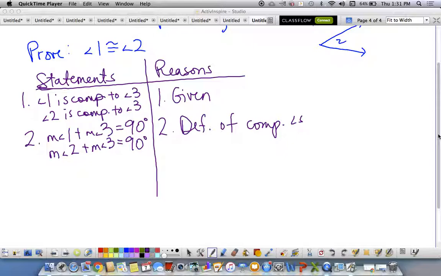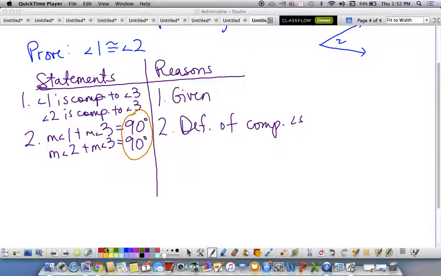Now, a while back, maybe last week or something, we talked about y equals an equation. And you had another one that said y equals another equation. What could we do if we have two things equal to y? We could set them equal to each other. Do we have two equations that equal the same thing?